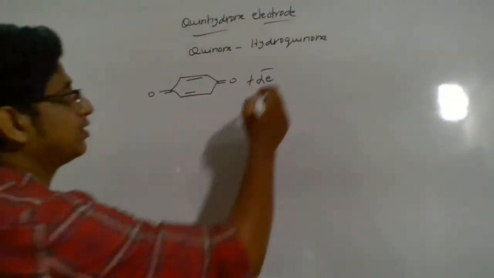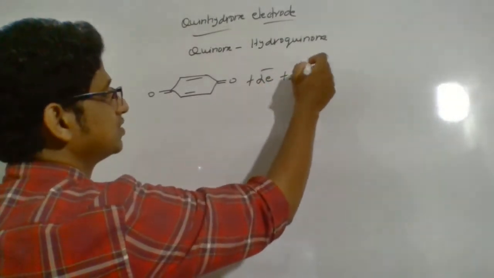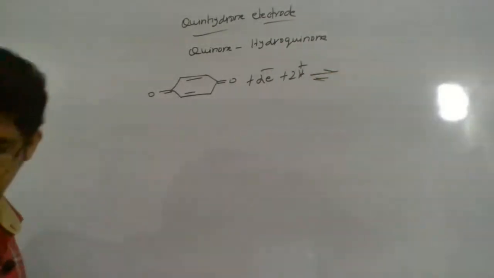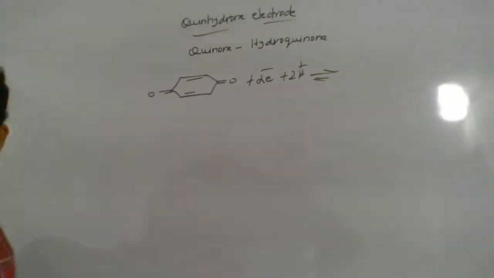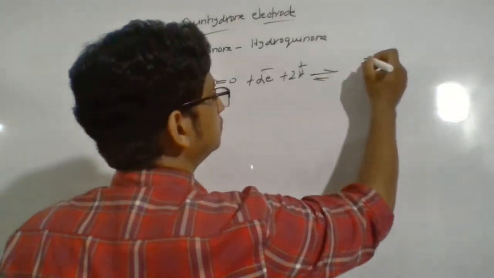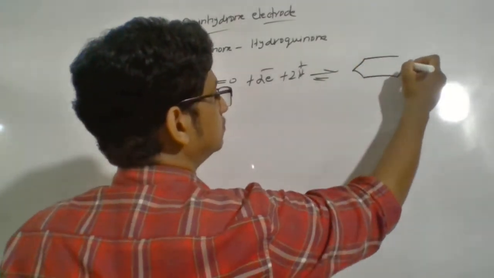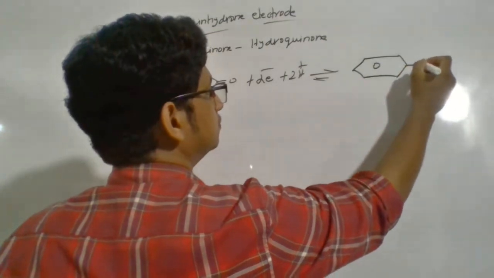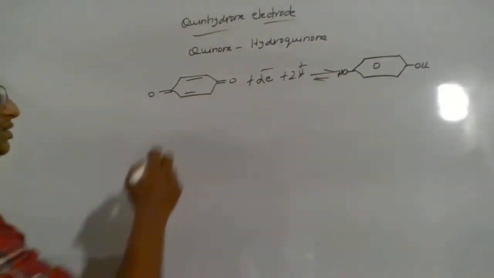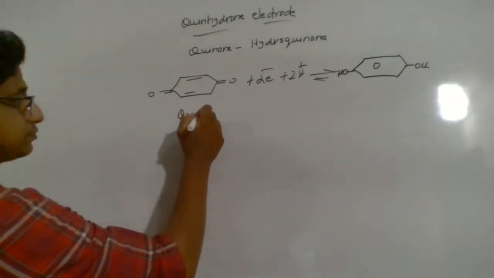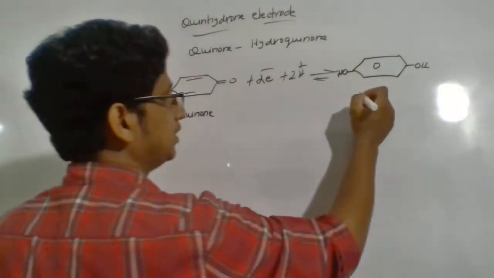Reduction, gaining of electrons in the presence of an acid medium, H plus ions will be there, which is in equilibrium with the hydroquinone. This is quinone, this is hydroquinone.